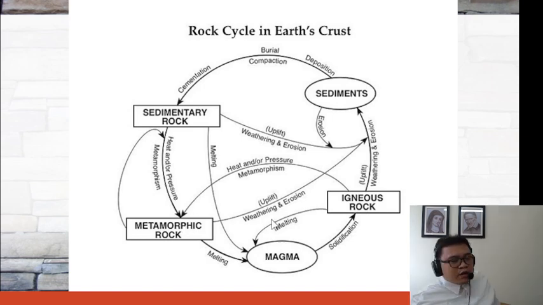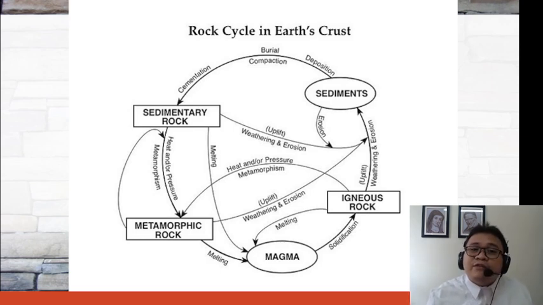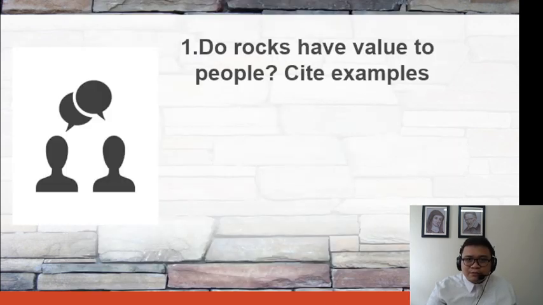You can use this chart to understand how each of the rock types are converted from one type of rock to another, depending on the situations where rocks experience the different factors that affect their formation. So that's what the rock cycle is all about.